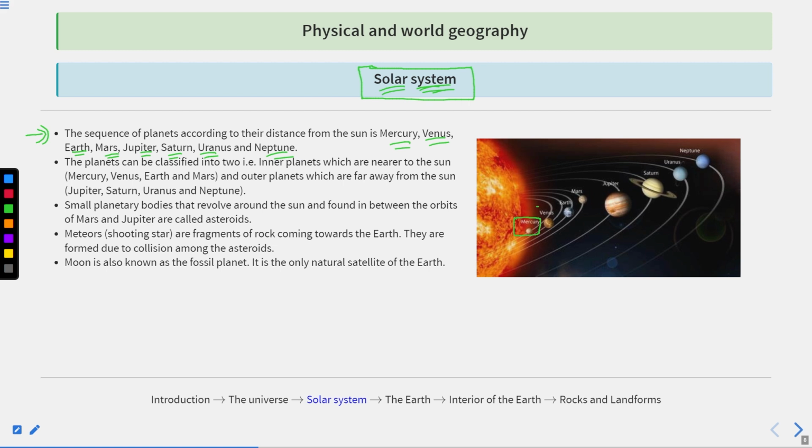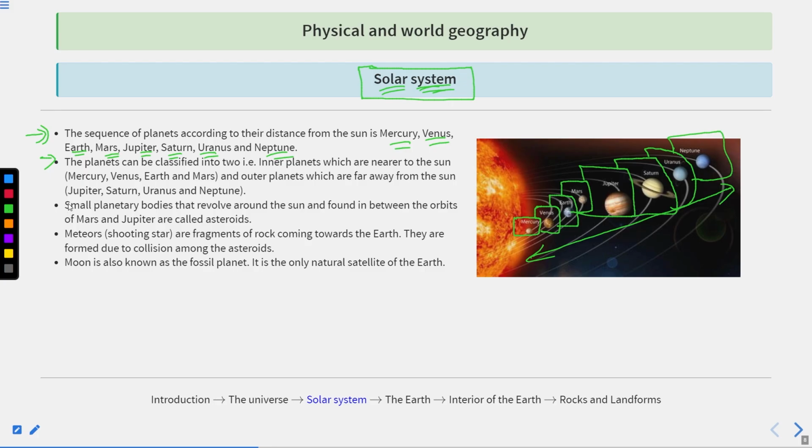First is Mercury, second is Venus, third is Earth, fourth is Mars, fifth is Jupiter, sixth is Saturn, seventh is Uranus, and eighth is Neptune. Okay, and here you can see the distance.